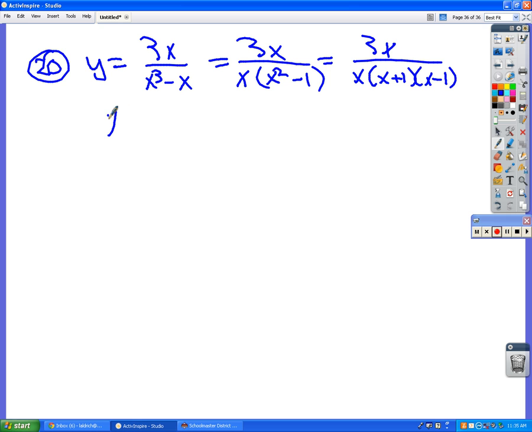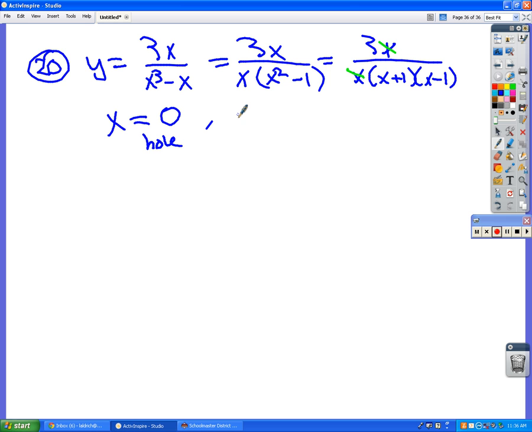So now I have 3 things going on with the x's because I factored this into 3 separate pieces. What's going on from this plain old x by itself? 0. And what is x equals 0? Is it a vertical asymptote or is it a hole? It's a hole because this x and this x can cancel. Okay? So there's a hole.